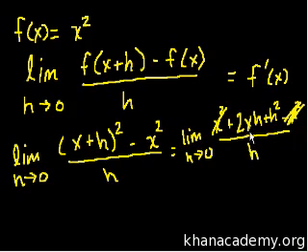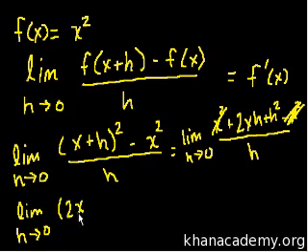And then we can divide the numerator and the denominator by h, and we're left with the limit as h approaches 0 of 2x plus h. Well, this is easy. If h goes to 0, this is just equal to 2x.